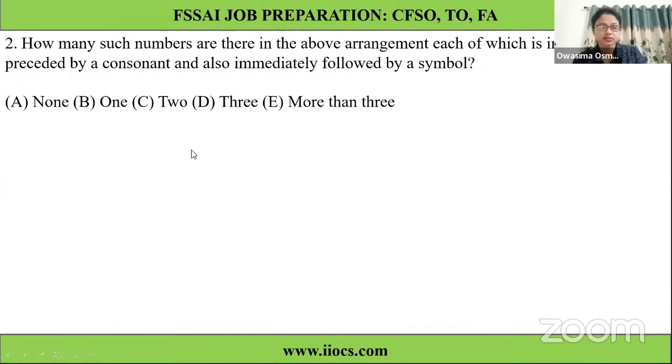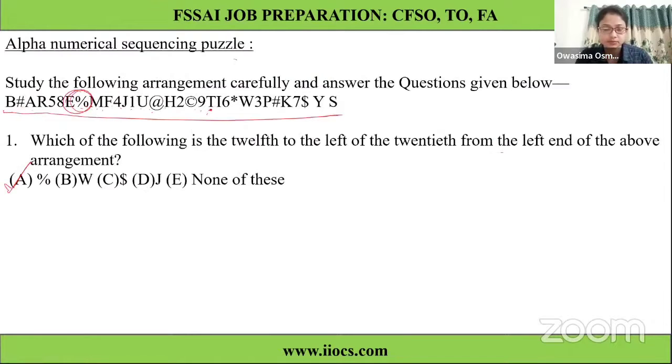Next, how many such numbers are there in the above arrangements, each of which is immediately preceded by a consonant and also immediately followed by a symbol? So here is the series.